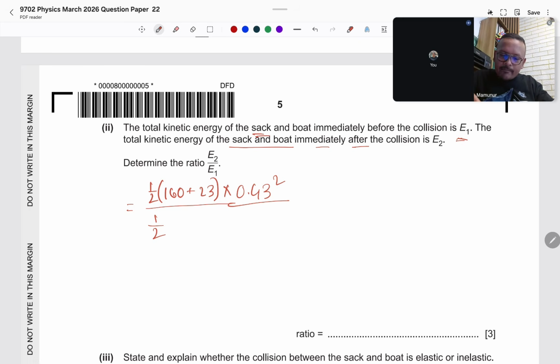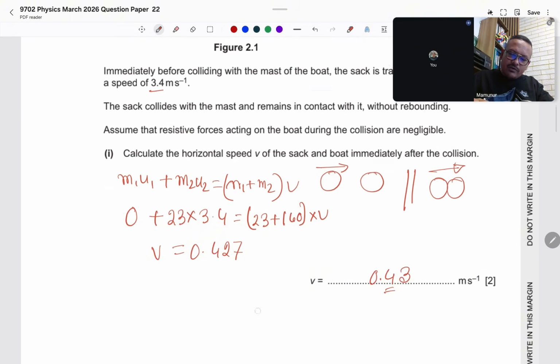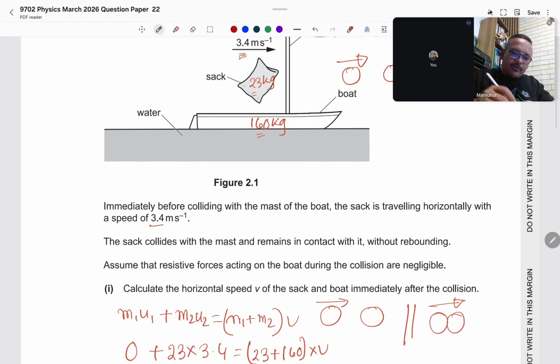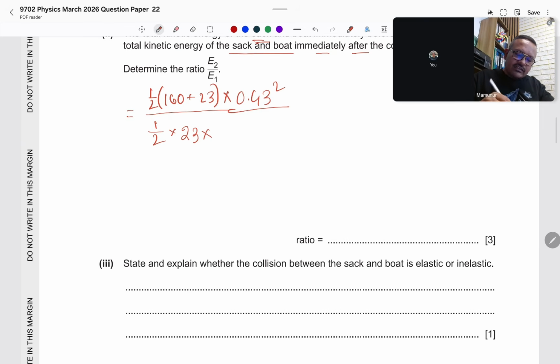Before collision only the sac is moving, the boat was at rest. So the sac has only that kinetic energy. So half into mass 23 into the velocity was 3.4, 3.4 squared.